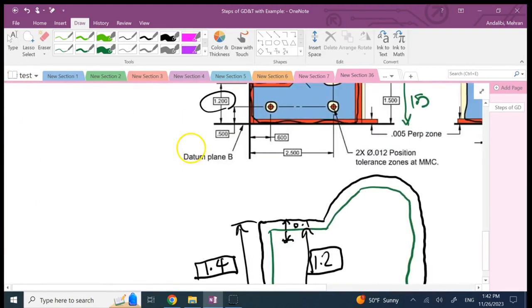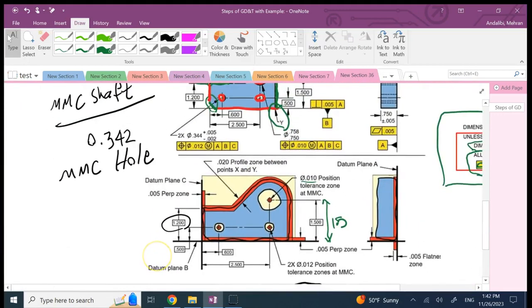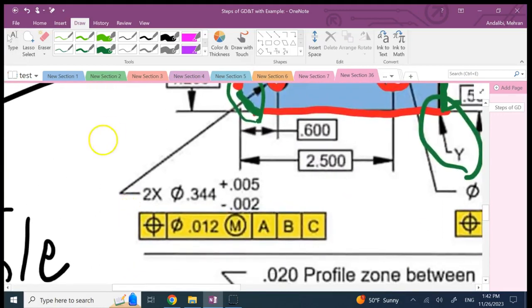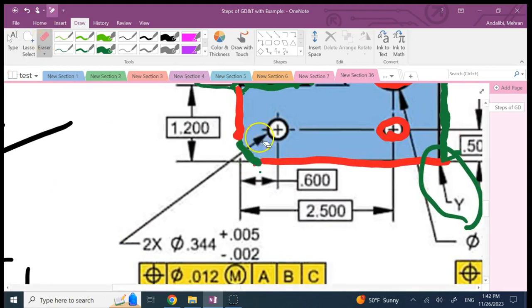So in this case, this chamfer also will have its own region. This chamfer will have its own region. Let me use a thinner one, maybe this one. So it is going to have its own tolerance zone like this, where this thickness from here to here is 0.5.